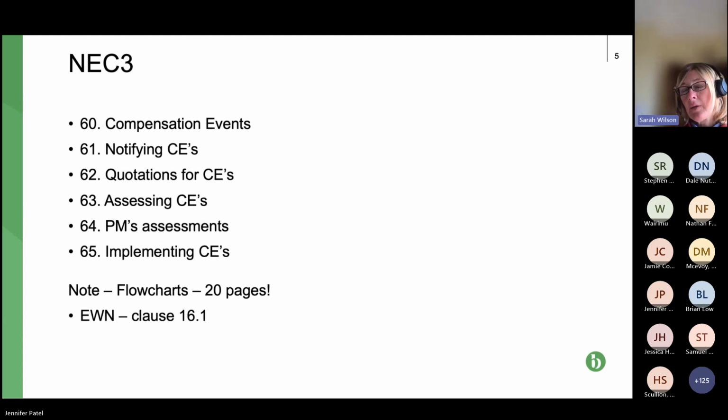And in looking at whether you would reasonably price for certain ground conditions, you take into account a number of items.